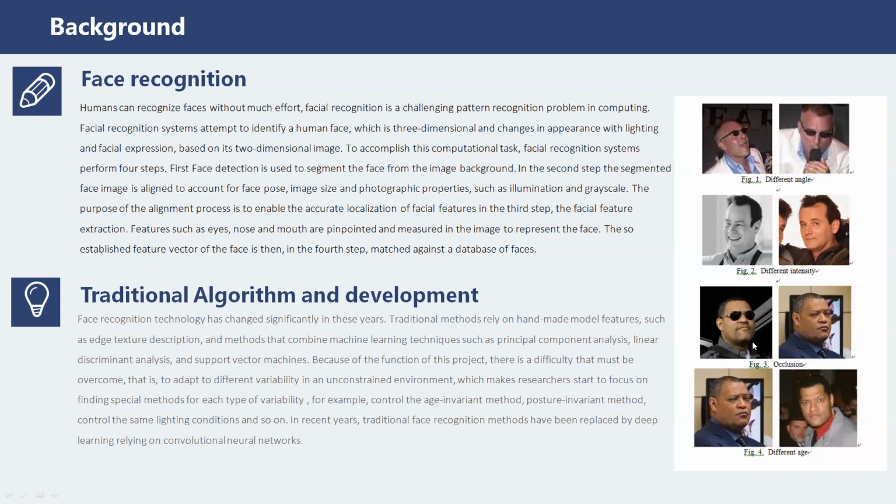And here, something is blocking his face, like sunglasses or a microphone. And we need to know that they are the same person. Also, there are different ages of the same person, like he is getting old and getting fat compared with ten years before.